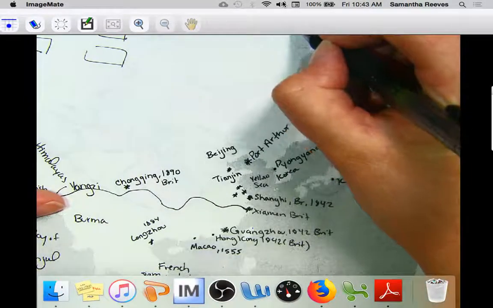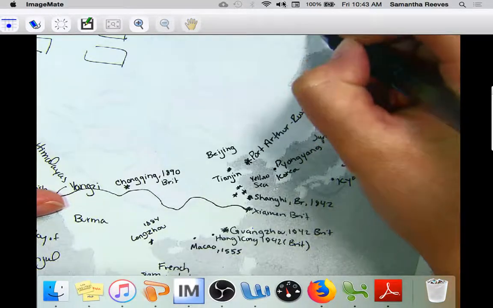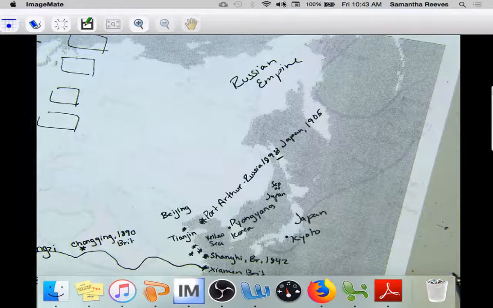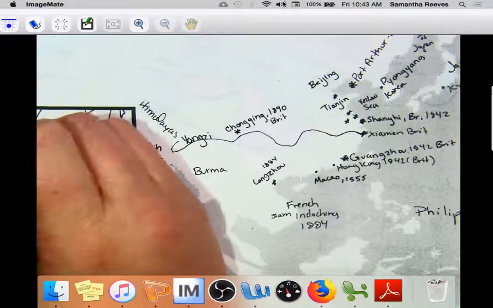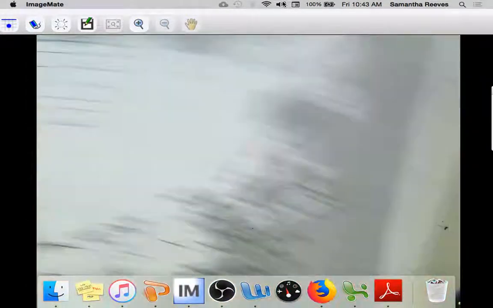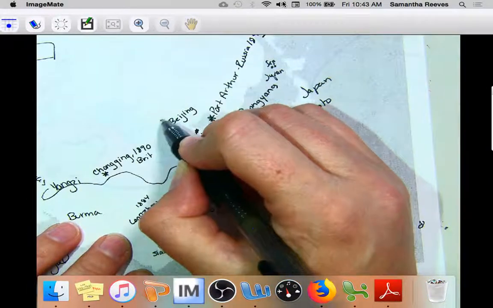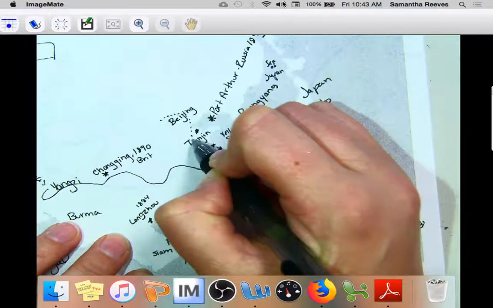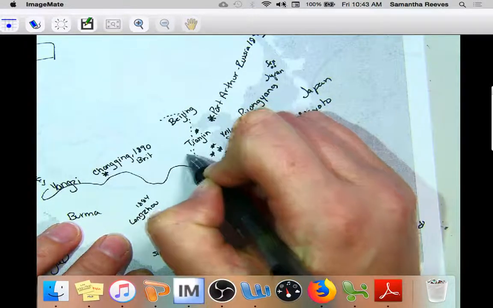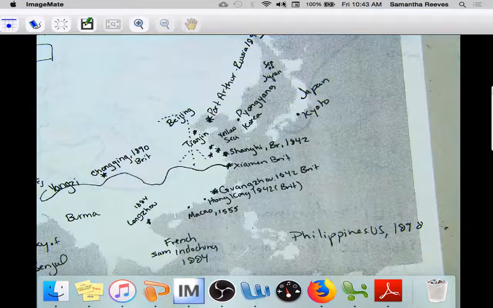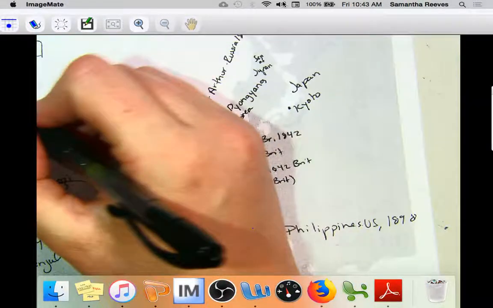This is your Russian Empire. Okay, we have railroads to write in for Chinese. They're just going to be black lines like we drew on our little thing. Not too hard. Up around Beijing. And then they flutter off. Those are your Chinese railroads. Out here is your Gobi Desert.